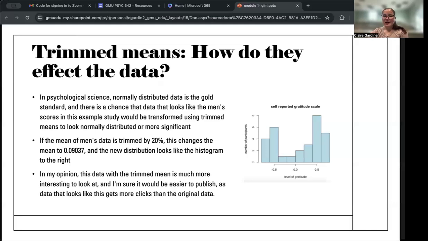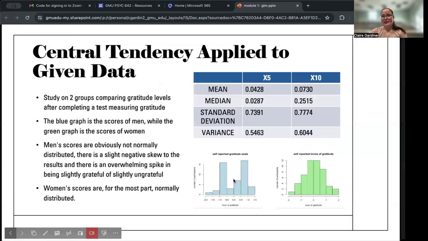Not that the data wasn't significant, but if I'm a consumer and I'm looking at an article just casually, I feel like this would draw my eye more than the graph on the previous slide because I don't understand what these outliers are.